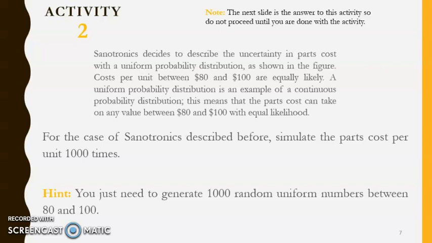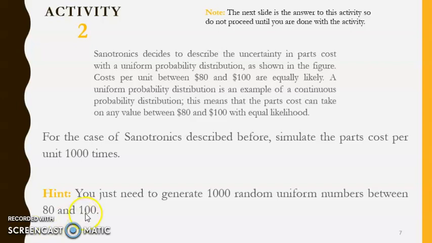Activity 2. It asks you this: for the case of Sanatronics described last week, simulate the parts cost per unit 1,000 times. Now you know when it asks you to simulate something 1,000 times, it is equal to generating the random numbers related to that case.